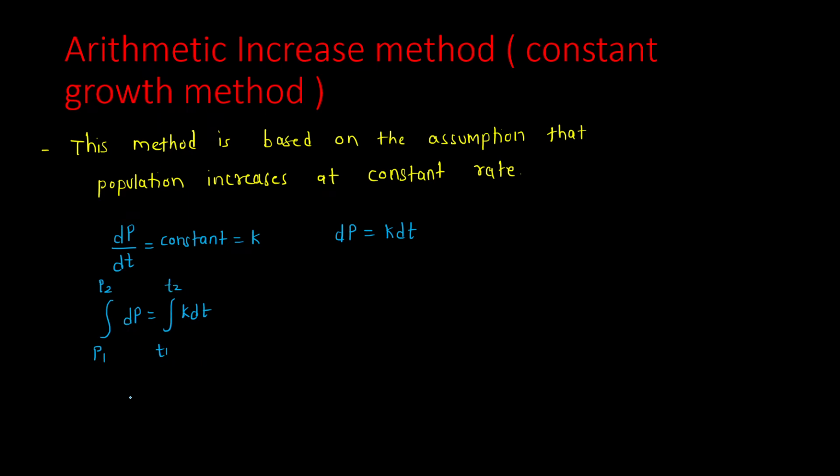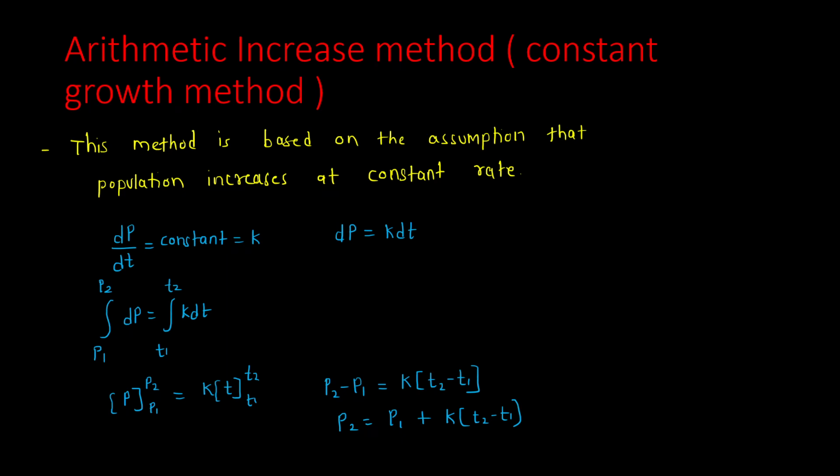The integration of dP gives P2 and P1, and k dt gives k times t, with t2 and t1. So P2 minus P1 is equal to k times (t2 minus t1). We can write it like this: P2 = P1 + k(t2 − t1).